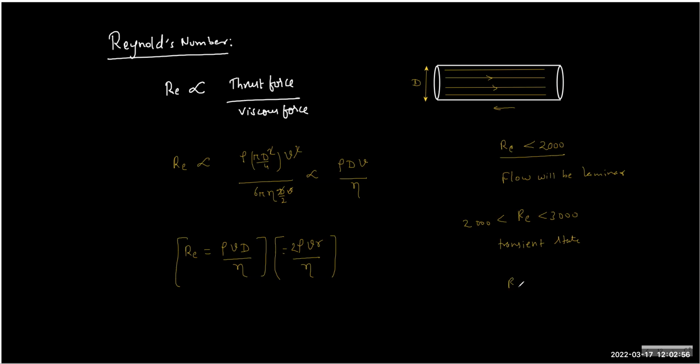And if it is more than 3000, then we say surely it's turbulent. So this is the empirically derived formula. There is no formula like this in the book; you have to just mug it up. But I found a way of coming to the formula through some manipulation. This is manipulation, not a derivation.